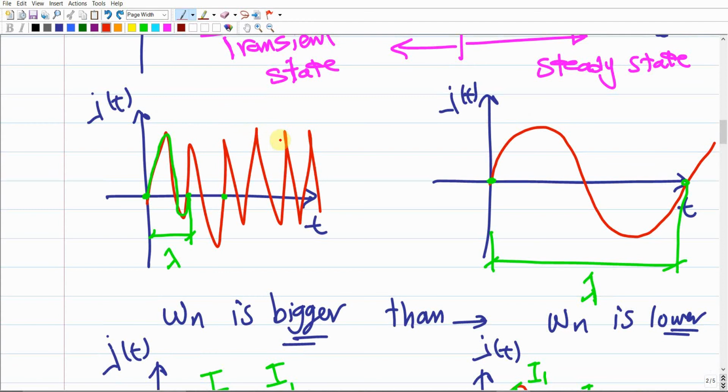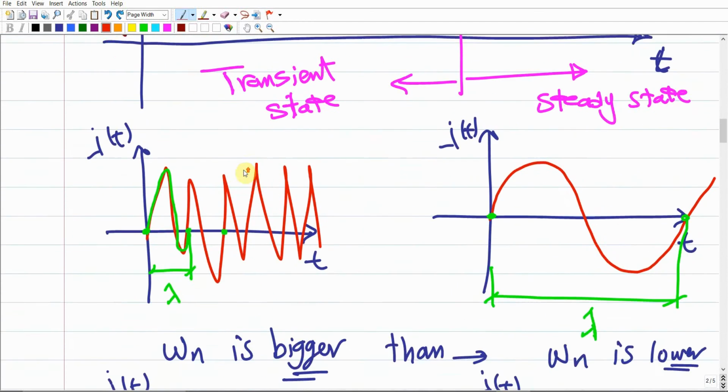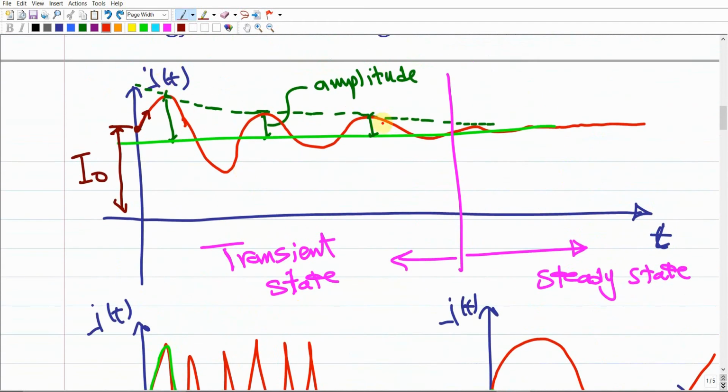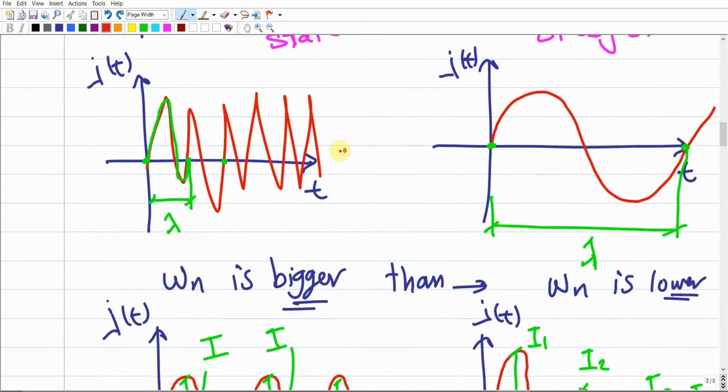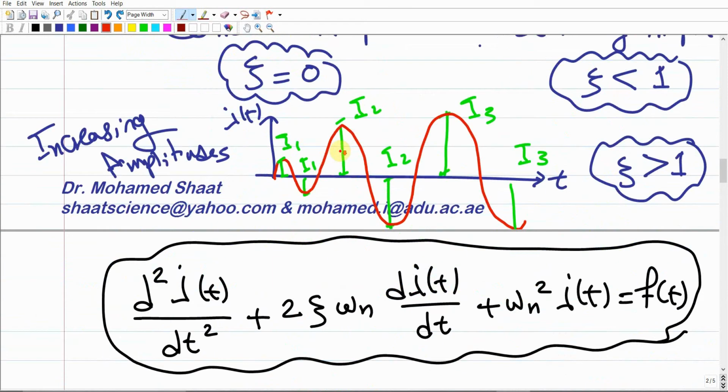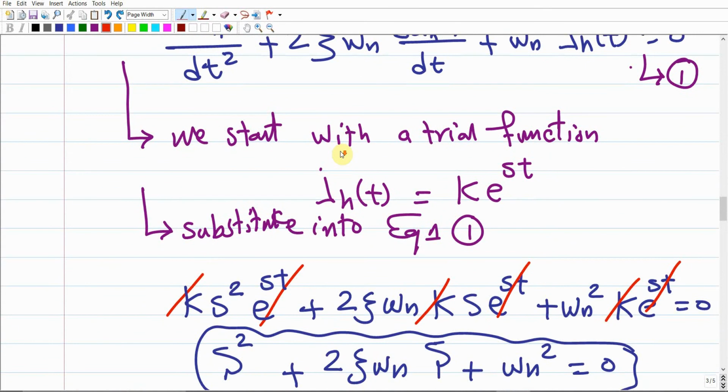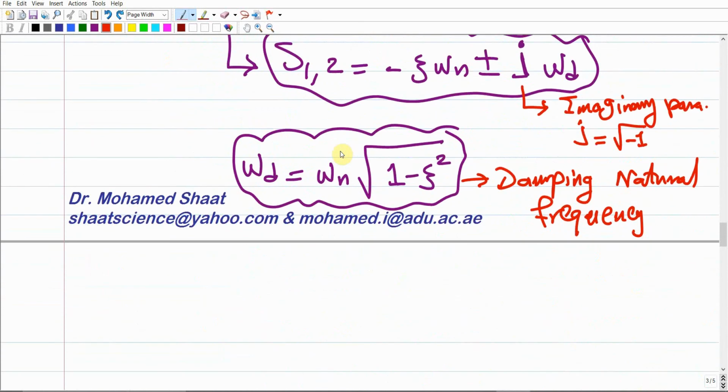But basically there would be some damping in the system. There should be some decay in the amplitudes, as we mentioned. It means that this decay or damping in the amplitudes of the waves of the current would affect the speed by which these waves change over time. This is commonly known as the damped natural frequency, or we can simply remove the word natural and say damped frequency.